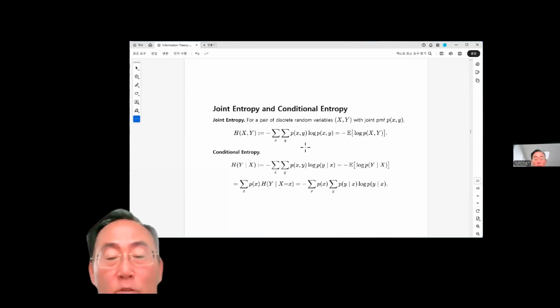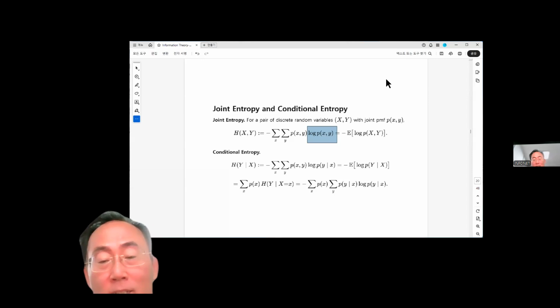And as you can see, this is the entropy, which is the average of this guy right here, log p of x and y. Basically, like I told you the other day, probability assignment is again a function.